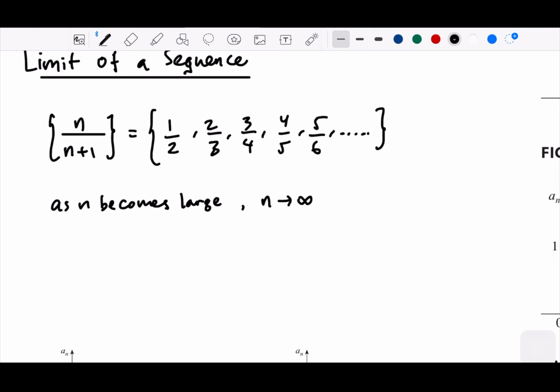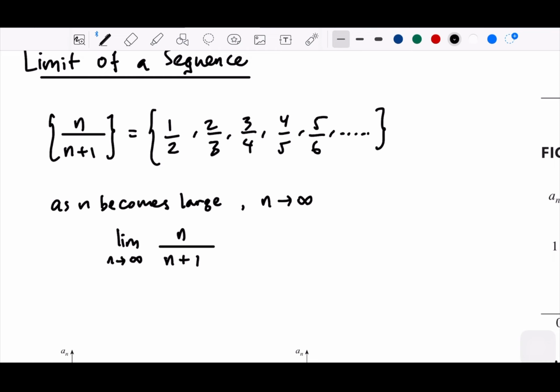We could write, or we could determine, through the limit concept. And if you remember the limit, then this is going to be equal to 1, and this will be going to 0. Okay?